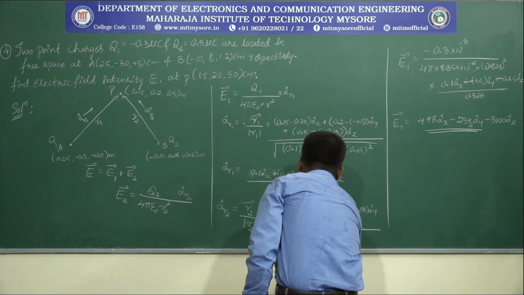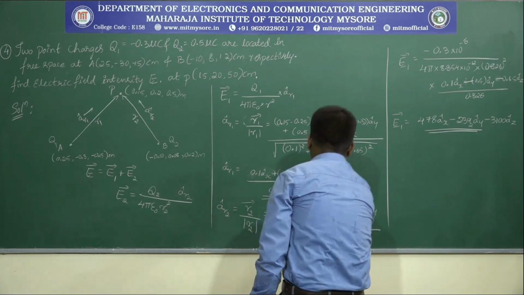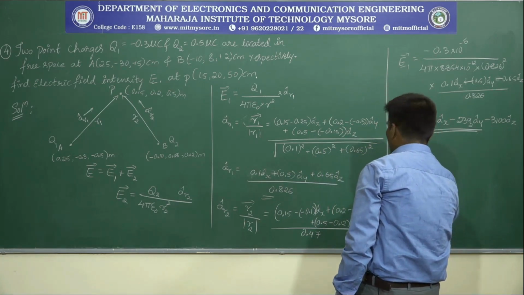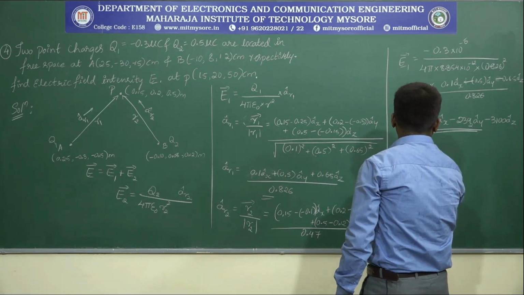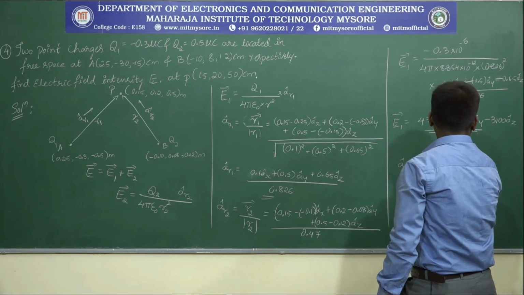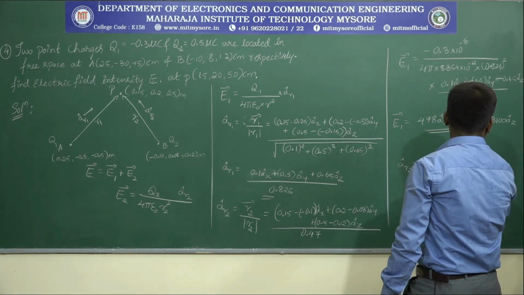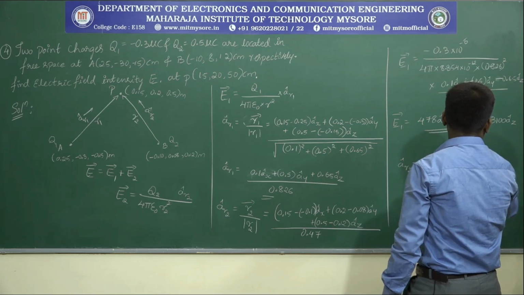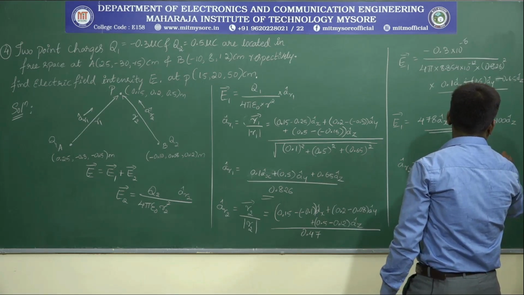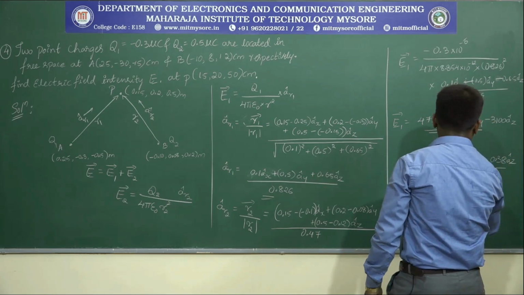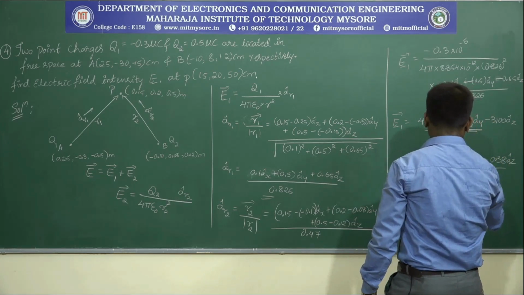What are we going to get? The square root of all these things gives us 0.47. If we solve this, A cap R2 is equal to 0.25 A cap x plus 0.12 A cap y plus 0.38 A cap z whole divided by 0.47.